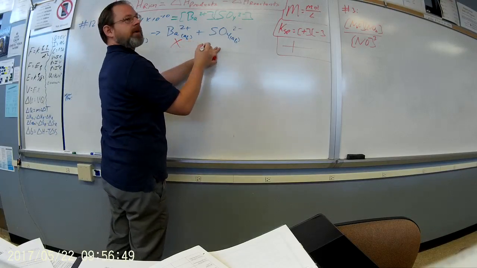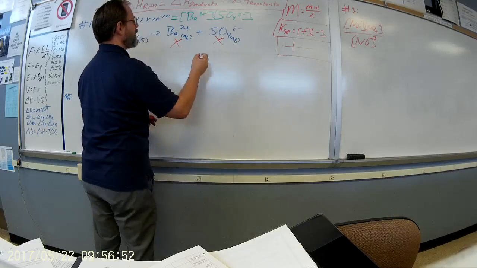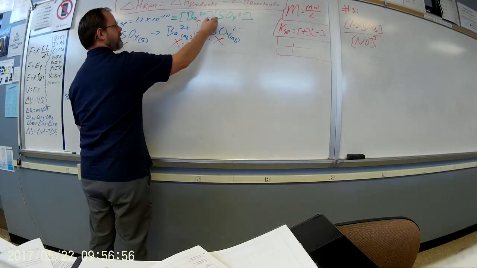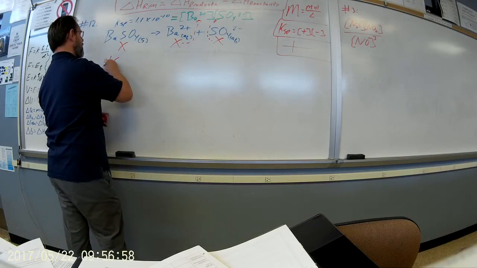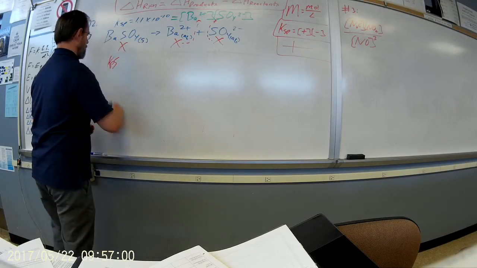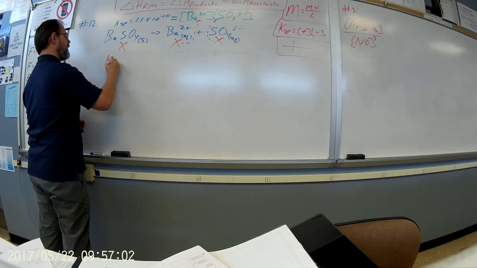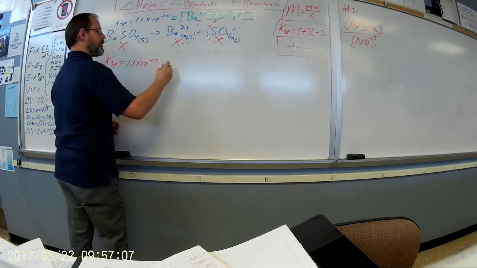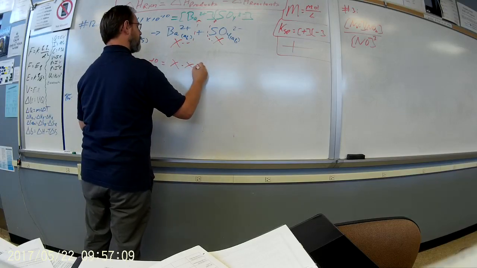X. And how many sulfates? X. And then we take these X's and we just plug them into the equilibrium expression. So our Ksp is 1.1 times 10 to the negative 10, which equals X times X, or X squared.